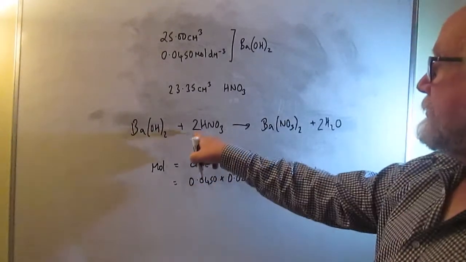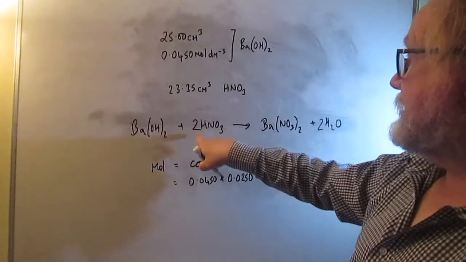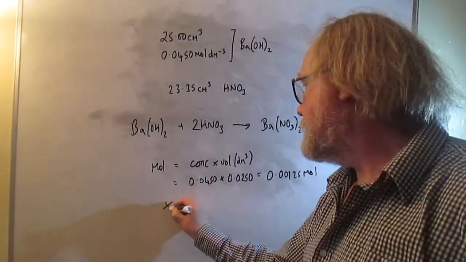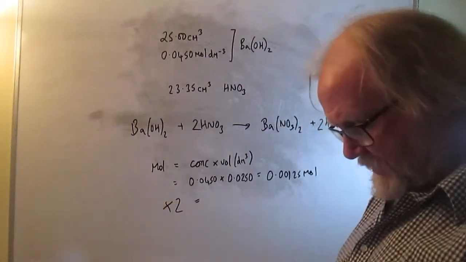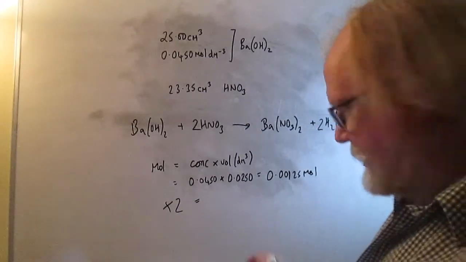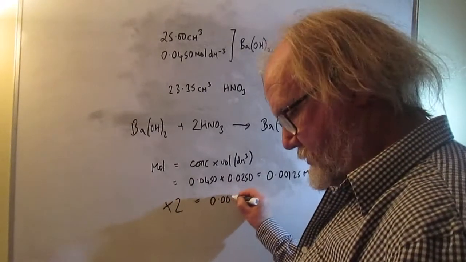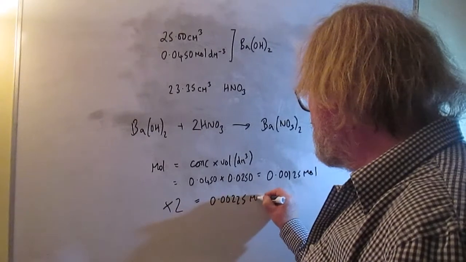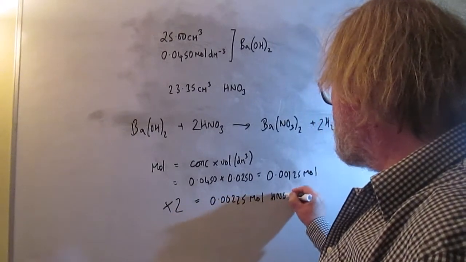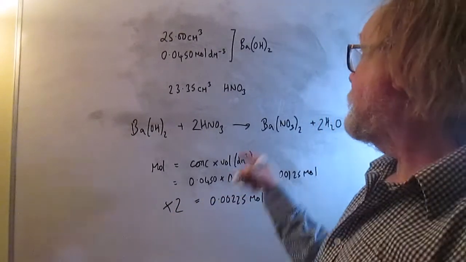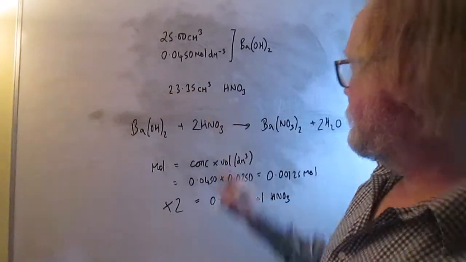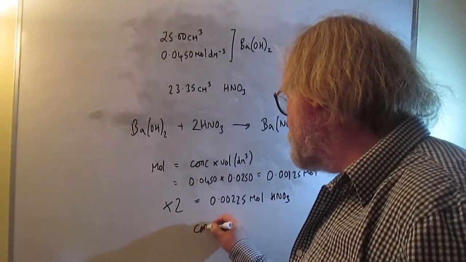And then we've got to multiply that by 2, because that's what the equation tells you. So times 2 is equal to 0.00225 moles of HNO3.